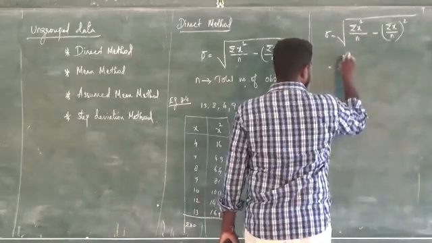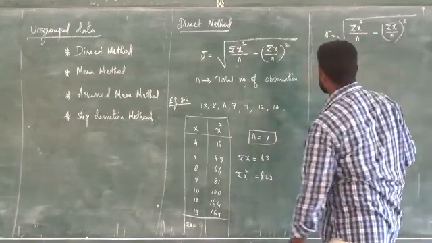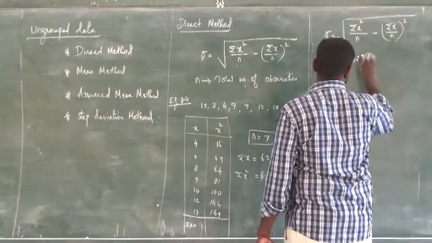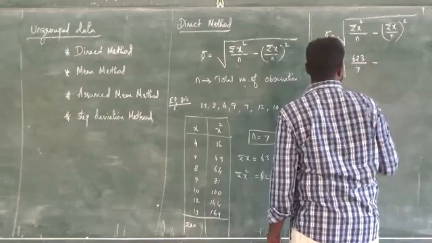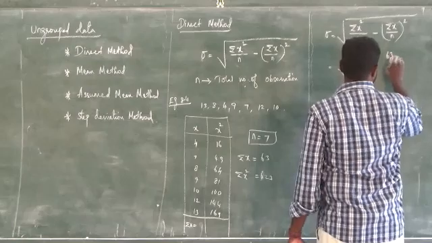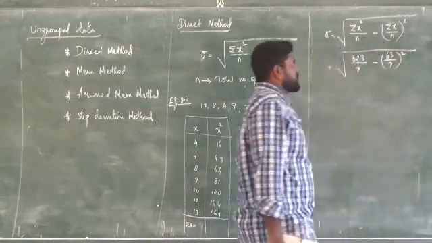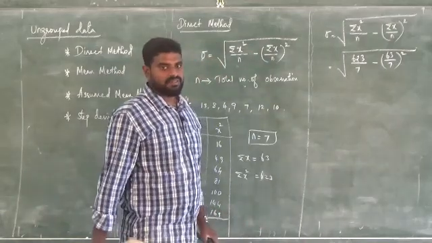So what is the value of summation x square? Summation x square is 623. So 623 by 7 minus summation x, which is 63, so 63 by 7 whole square. In this way we have to substitute the values.